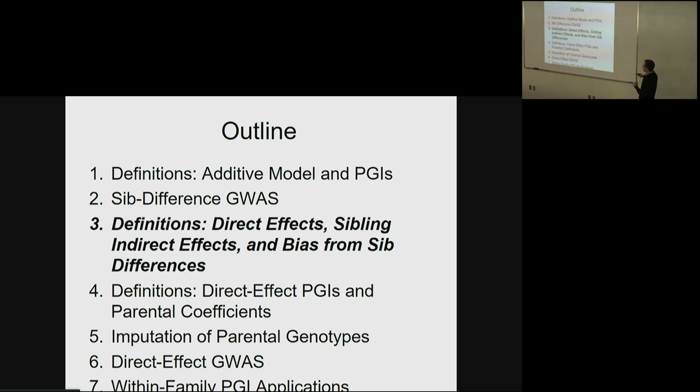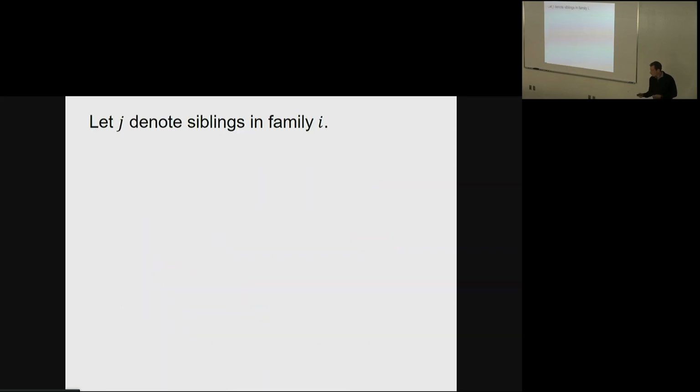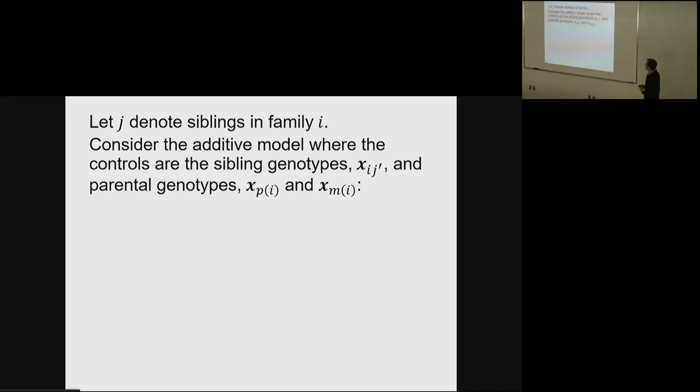So what I want to do next is explain what we mean by these terms: direct effects, sibling indirect effects, and how you can see that there's this bias from doing the sib difference GWAS. Okay, so now I'm going to use j to denote the different siblings in some family i, and I'm going to use this general approach to deriving an additive model that we already talked about.